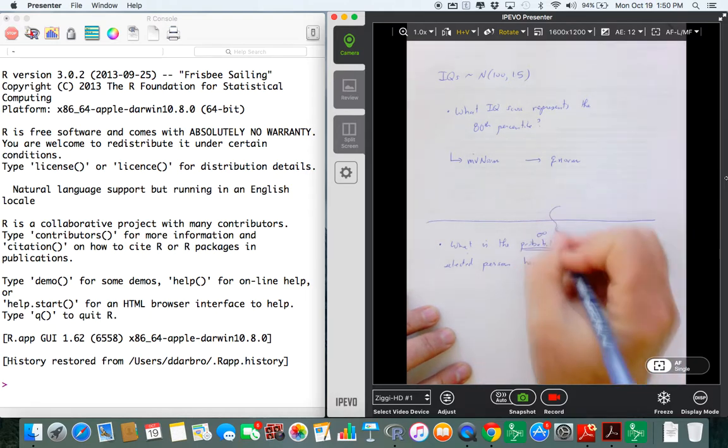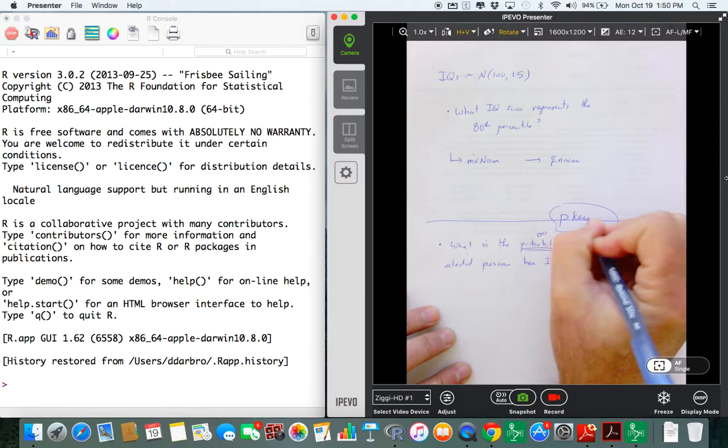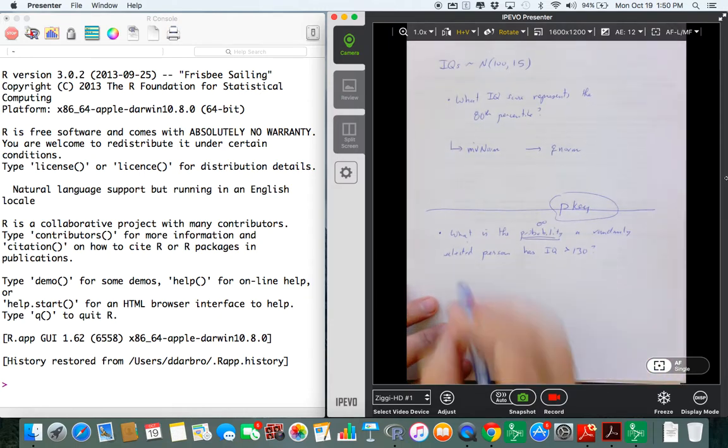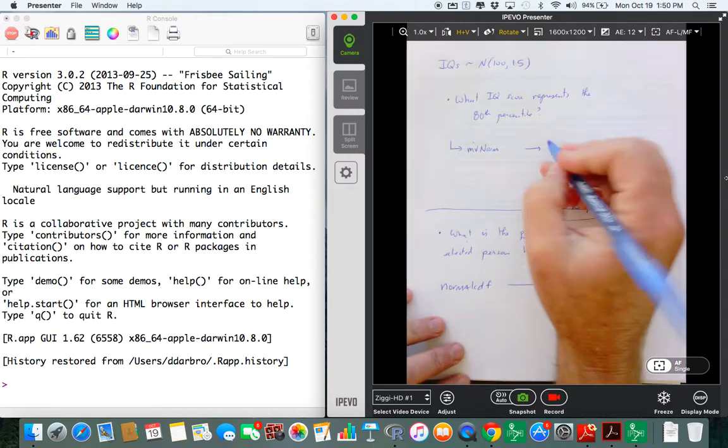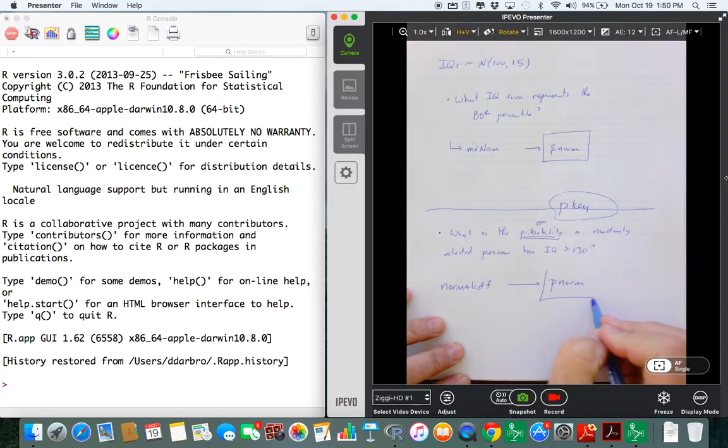So what you're going to think is the P key. If we're using our graphing calculator, then you'd use the normal CDF key. In R, you're going to use pnorm. So it's going to come down to using two keys, either qnorm or pnorm.